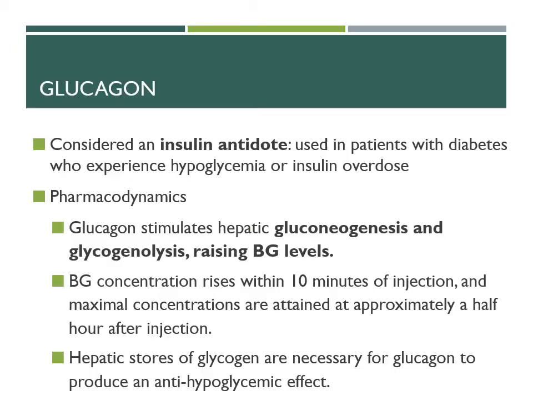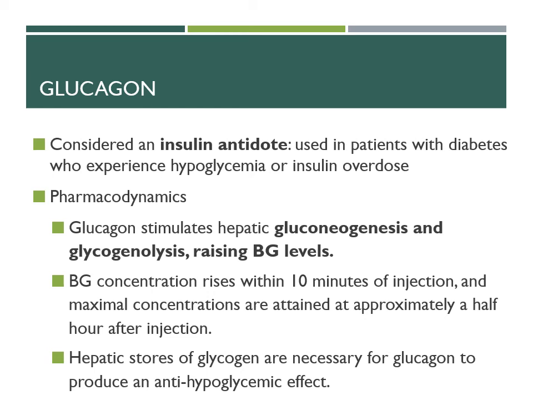Glucagon is an insulin antidote, so it is used for patients with diabetes who experience hypoglycemia or insulin overdose. It stimulates hepatic gluconeogenesis and glycogenolysis, which raises blood glucose levels. So patients should have an understanding of when they need glucagon.